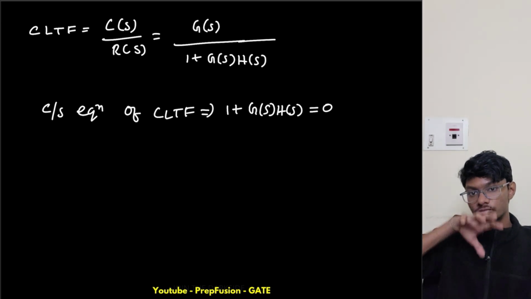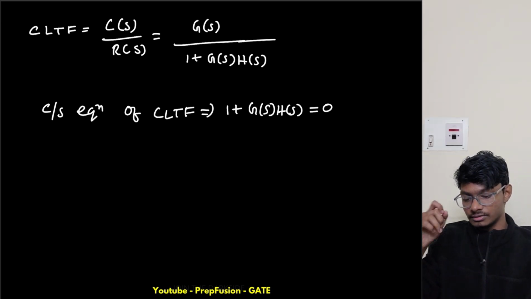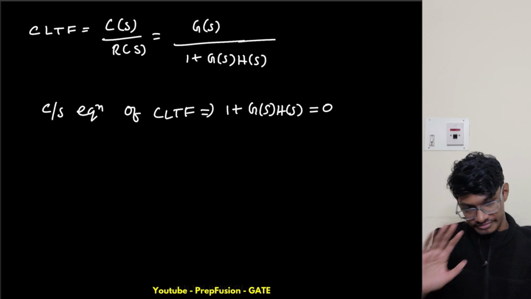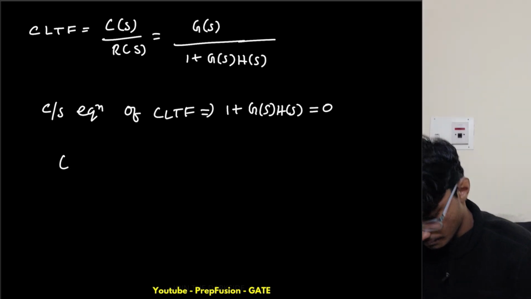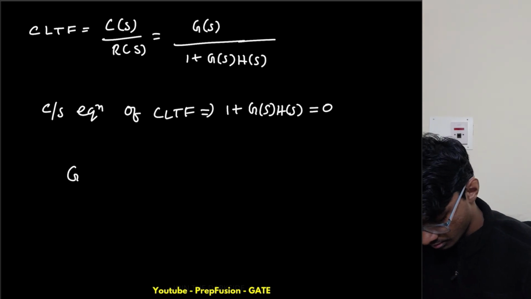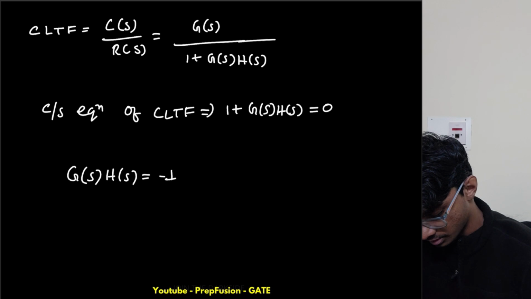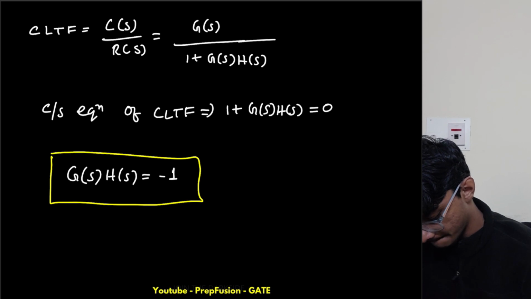Now from here, what can I infer? What is my OLTF equal to? If this equation has to be satisfied, G of S into H of S should be equal to -1. Okay, this is what I can infer.